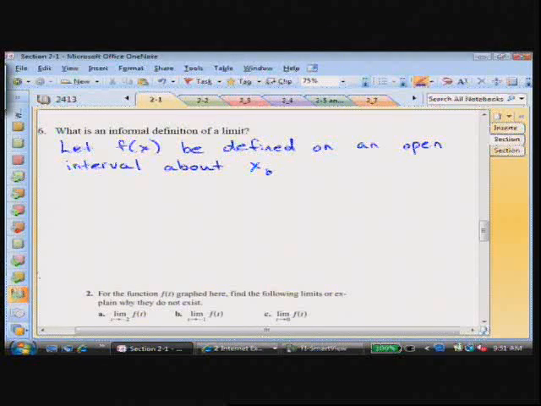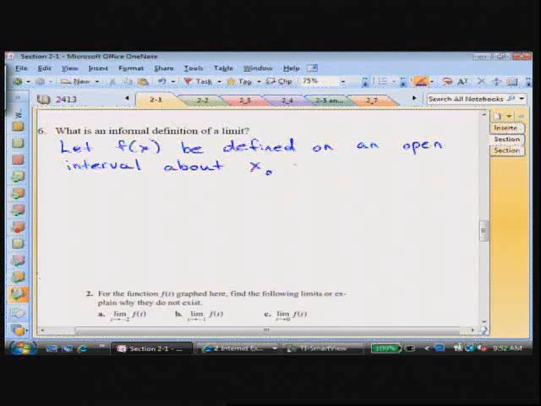So it's defined on an open interval about x naught, so you're capturing x naught on either side of it. X naught's in the middle. Like 1992 was in the middle, and you had 1991 and 1993 on either side of it. So 1991 to 1993 was our interval, and 1992 was our x naught. That was our about.